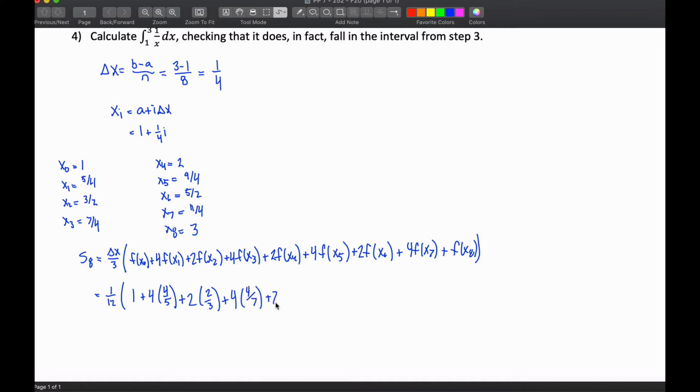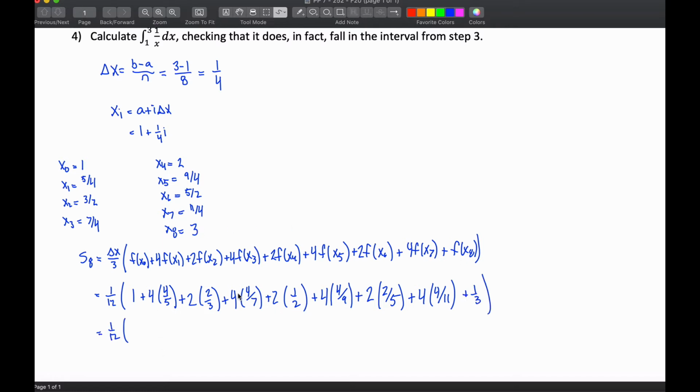And 2 times f of x4, 1 over 2 is a half. 4 times f of x5, 1 over 9/4 is 4/9. And 2 times f of x6, 1 over 5/2 is just 2/5. 4 times f of x7, 1 over 11/4 is 4/11. And then finally f of x8 is 1 over 3, or just 1/3.